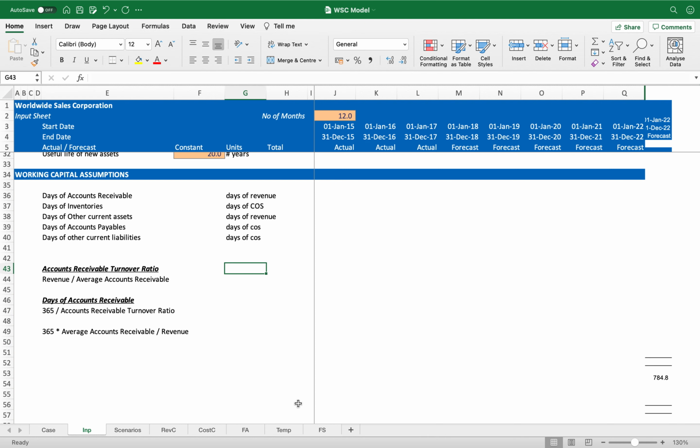So let's see how. This is revenue and accounts receivable. Revenue over average accounts receivable will give you the turnover ratio. Now, when I am computing days, it is 365 over revenue over accounts receivable.